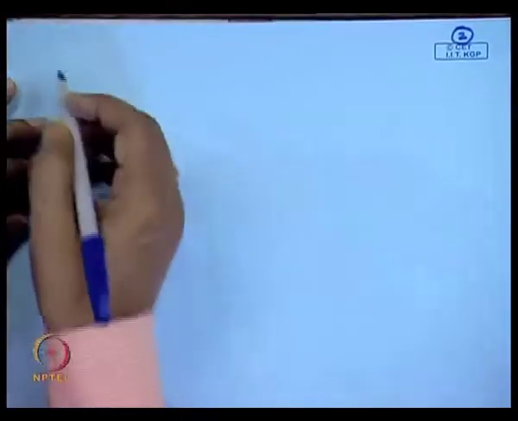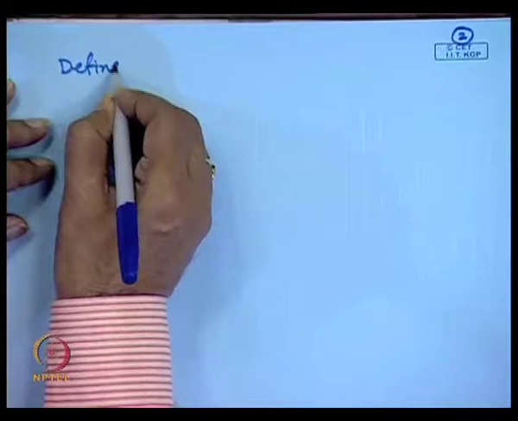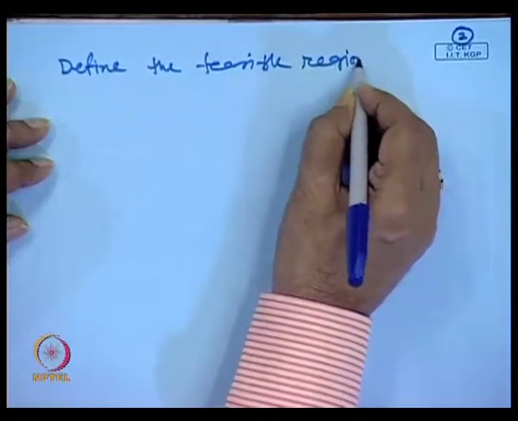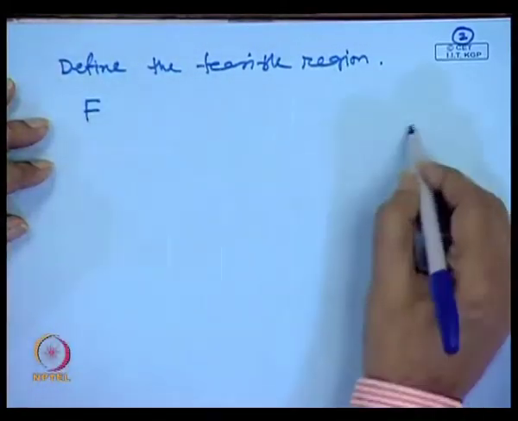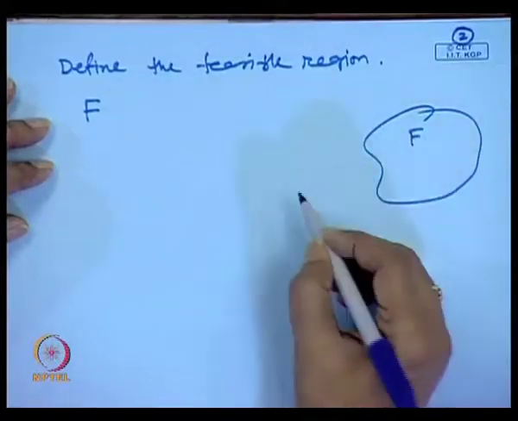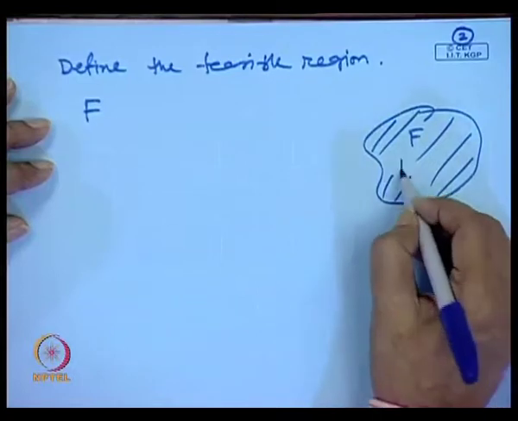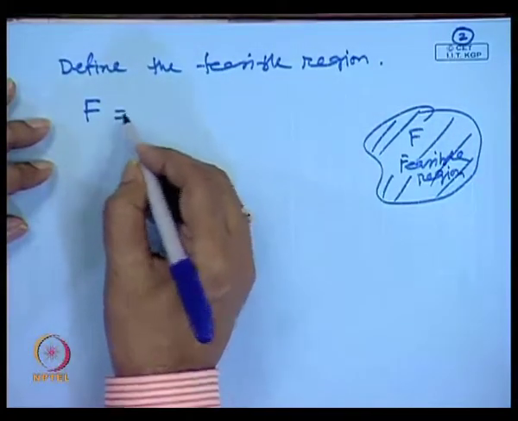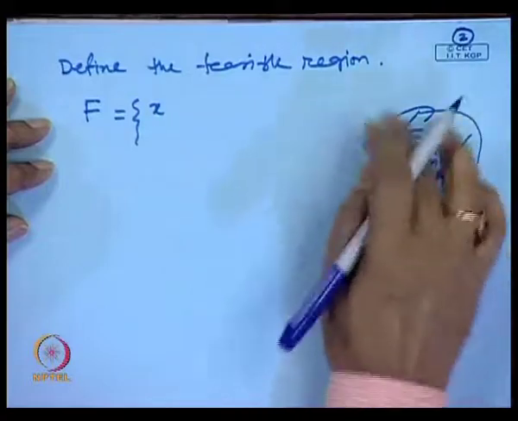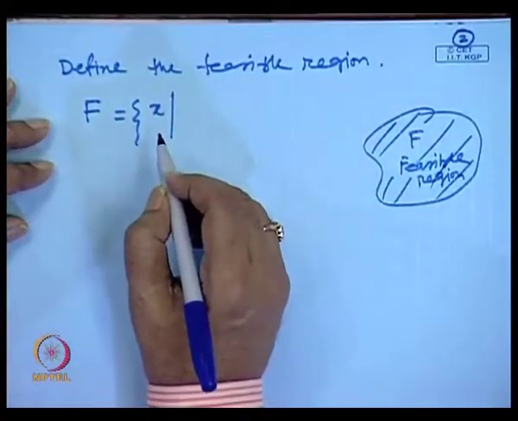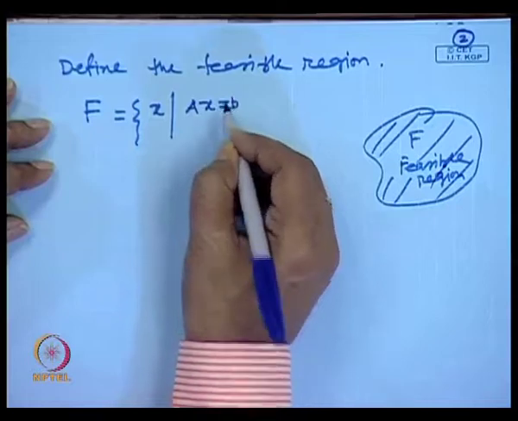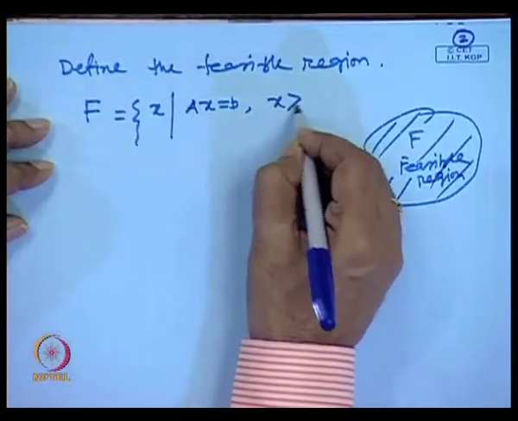The feasible region, denoted by F, is the set of any x that satisfies all the equality conditions of the standard LP problem, that is A x equal to b, with x greater than or equal to 0.